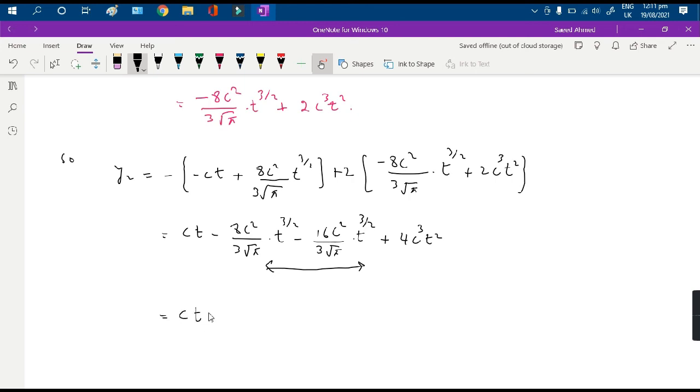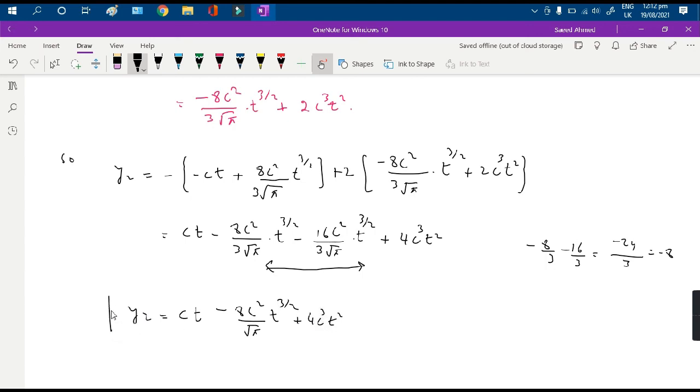So this becomes ct, and here minus 8 by 3 and minus 16 by 3, which is minus 24 over 3, which is minus 8. So combining these two terms, I get minus 8c square over square root of pi into t to the power 3 by 2 plus 4c cube t square.